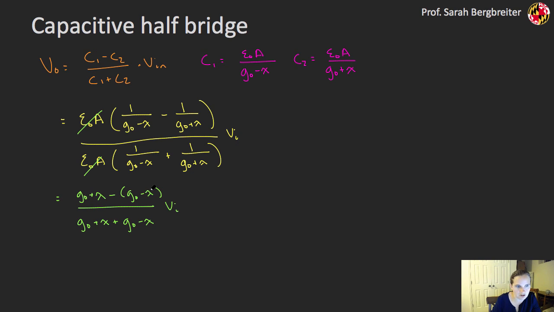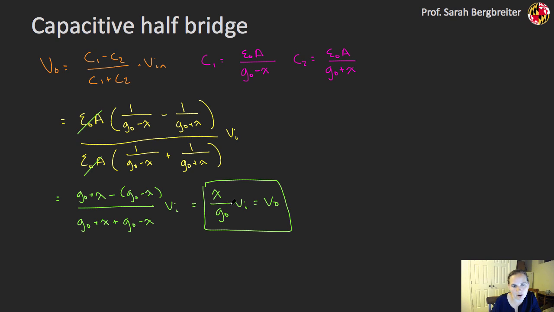So my G naughts on the top are going to cancel, my X's add, and then my G naughts add on the denominator, and my X's cancel. So this whole thing is just equal to X over G naught times Vin. Alright, that is Vout. That whole complex thing just gave me this really nice clean relationship.